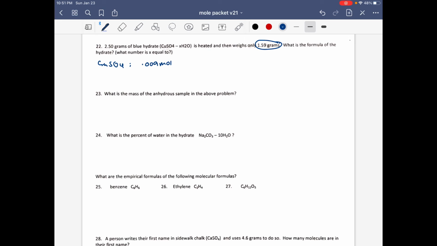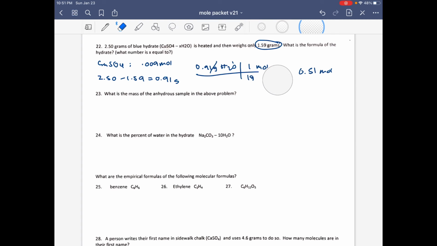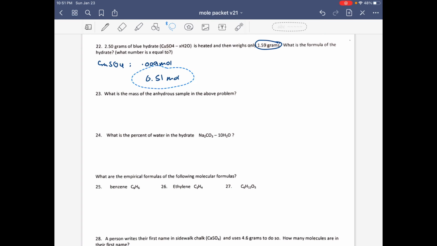So 2.50 minus 1.59 equals 0.91. That's in grams, so let's convert it into moles. 0.91 grams H2O, and 18.02 grams is 1 mole. So that's how much our water is in moles.